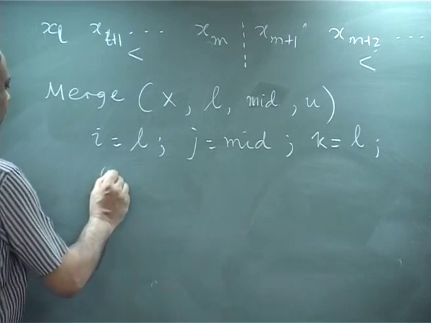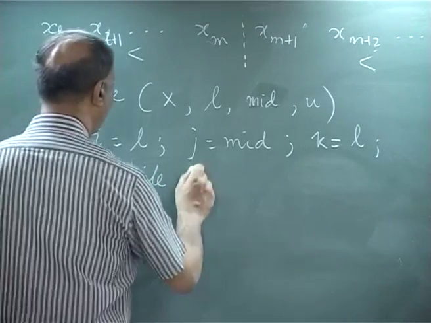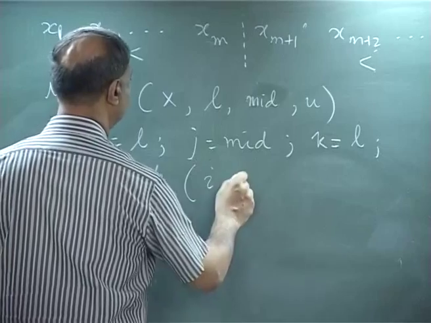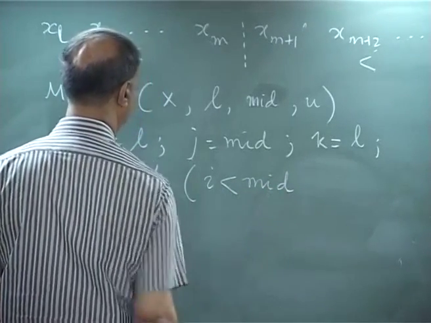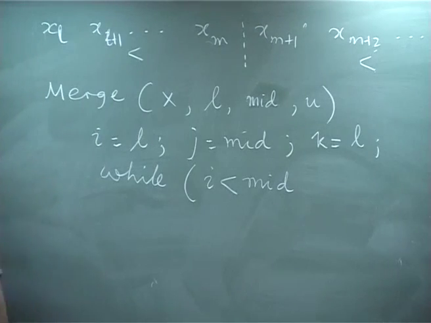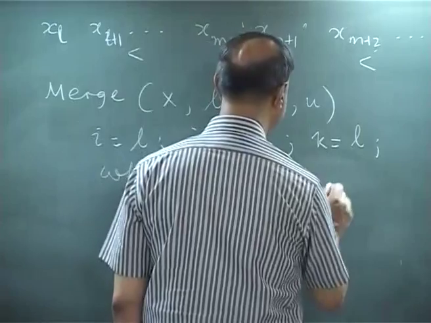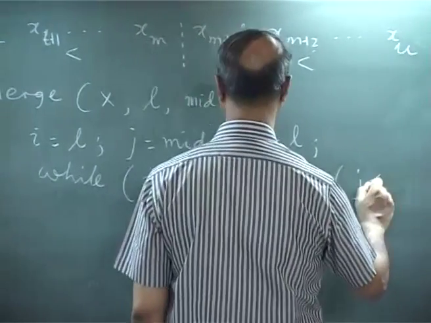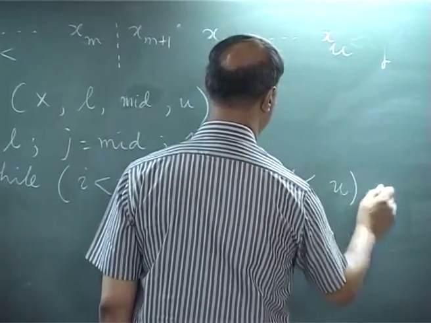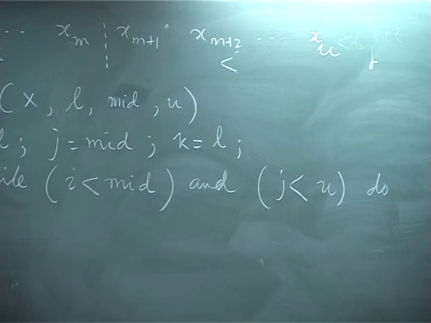So while I is less than mid and J is less than U, we have to do the following. That means both the sequences are not exhausted.